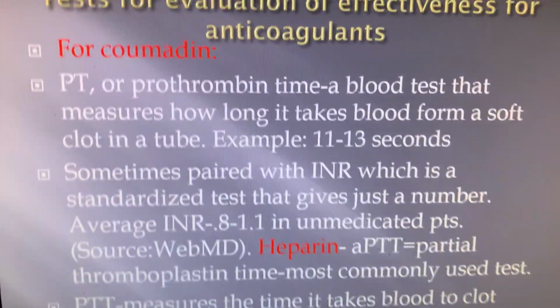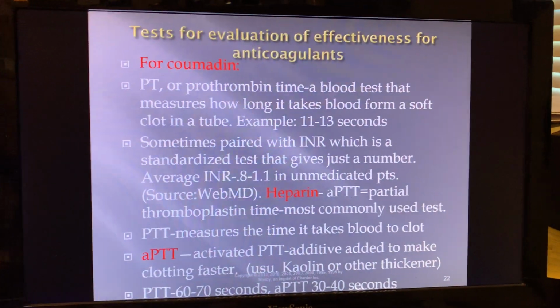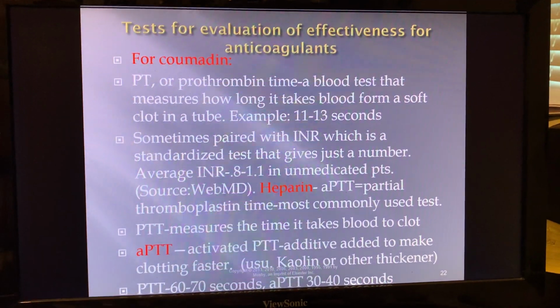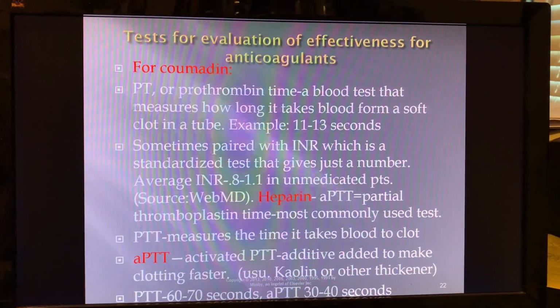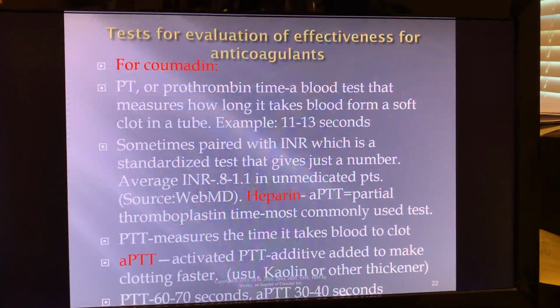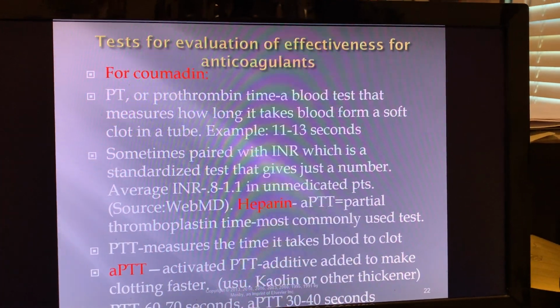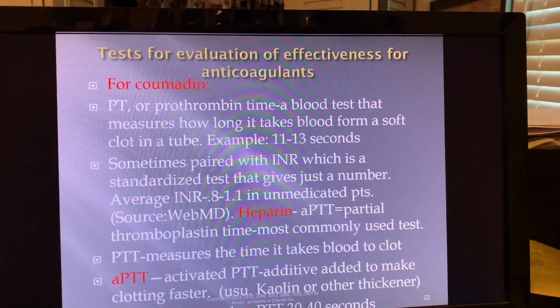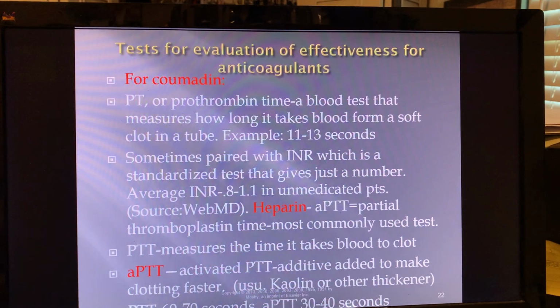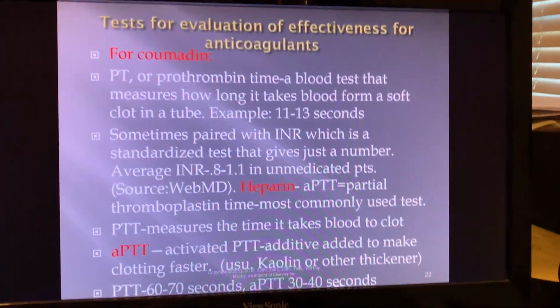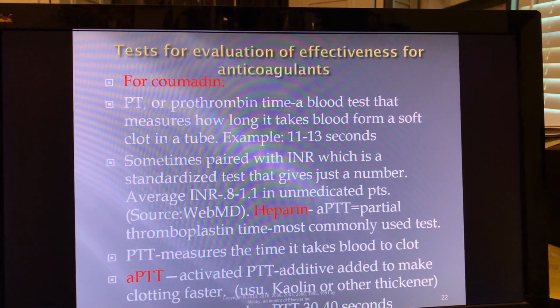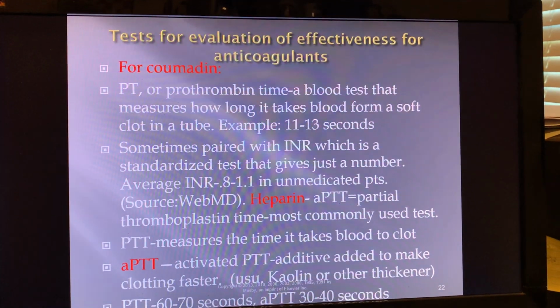So, these are tests for making sure that your various anticoagulants are effective. So for Coumadin, you use the PT, or prothrombin time. Now this particular blood test measures how long it takes blood to just begin clotting in a tube.